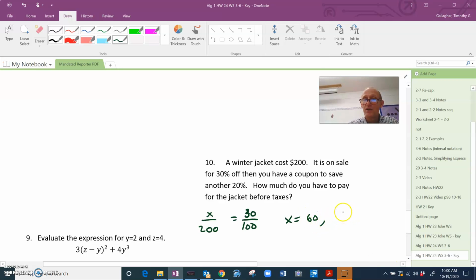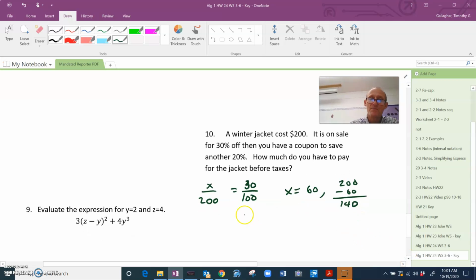So then we have 200 minus 60, which is 140. Now we have another problem, see? So we have x over 140 equals 20 over 100. Now that's 28.